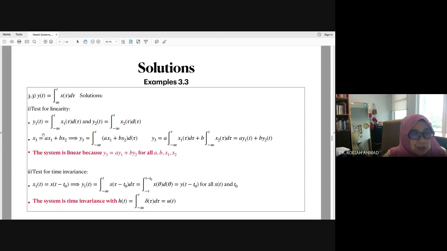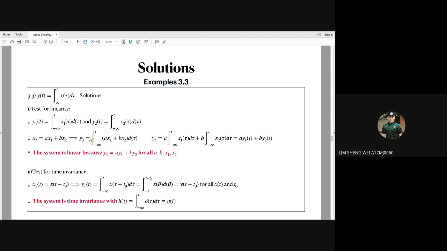Integral kalau kita buat satu persatu, test for linearity, test for invariance, yes, the system is linear as well as time invariant. What about the next two examples? So I want you to try. Ada soalan? No, Prof. Okay, so I continue.